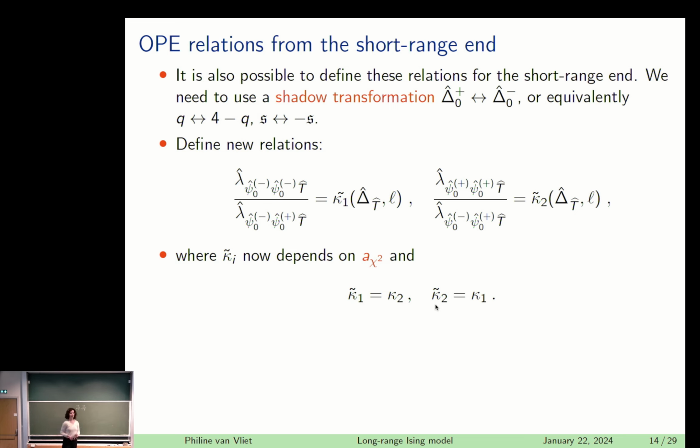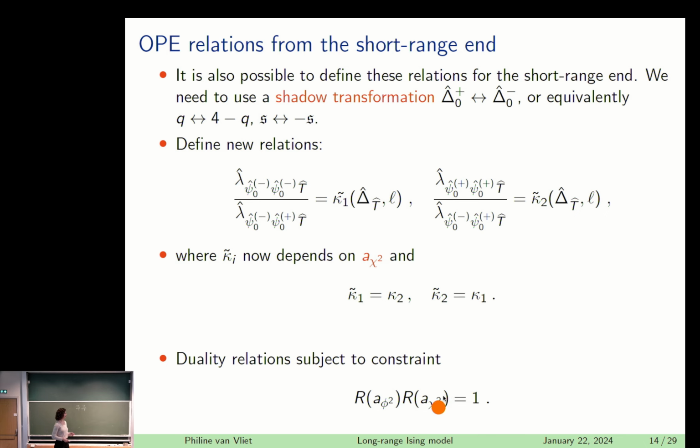And now the one-point function coefficient that will parameterize these relations is a chi squared instead of a phi squared. And it also turns out that there's a relation between these two ratios given by this formula. So in this way, if you do some computations, you can always switch from one picture to the other in a very straightforward way.